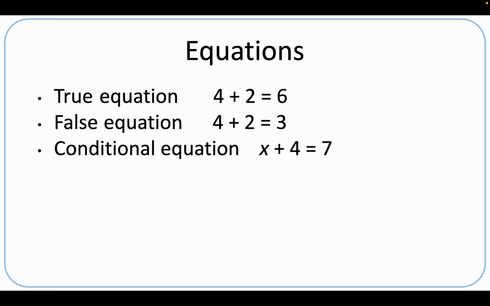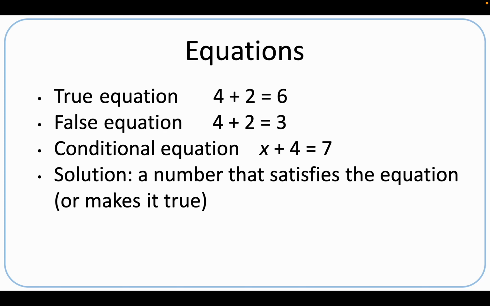And then we have what's called conditional equations, like x plus 4 equals 7. Now this is conditional because it depends what x equals on whether or not this is true or false. And a solution to an equation is a number that satisfies the equation or makes it true.